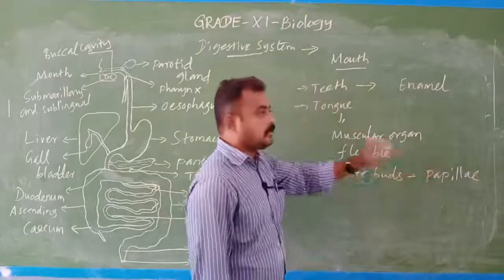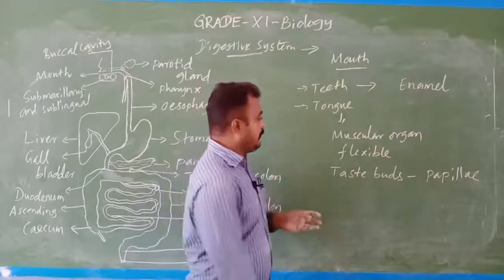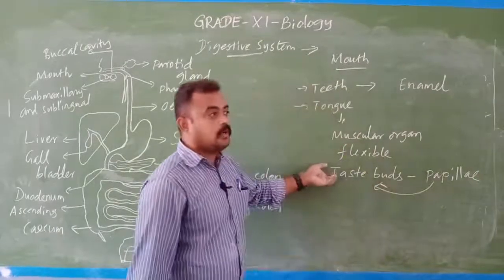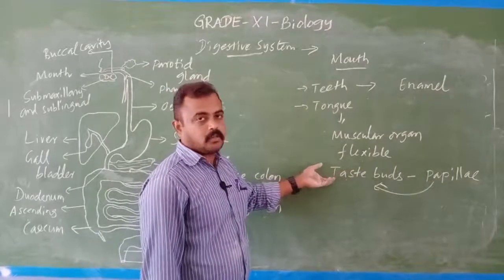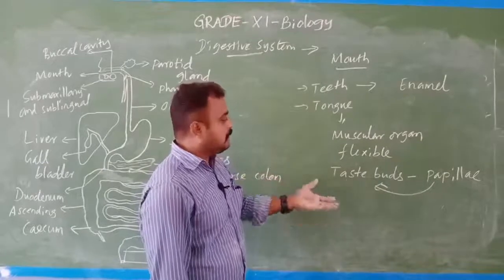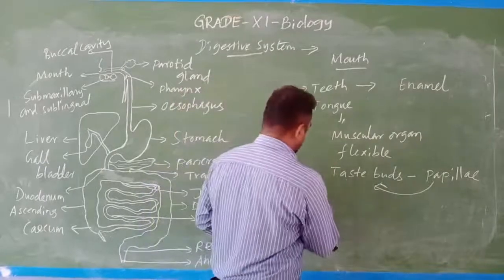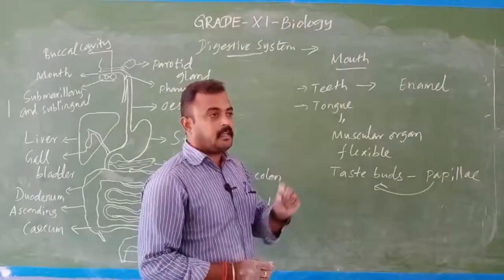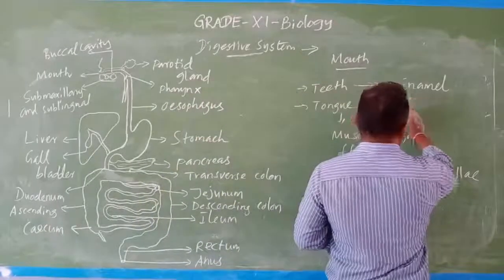Papillae are small projections present on the tongue. In those, taste buds are present. They are used to taste the food materials, sweet, salt, like that we can taste the food materials. Then the tongue is attached at the end of the oral cavity by the frenulum.